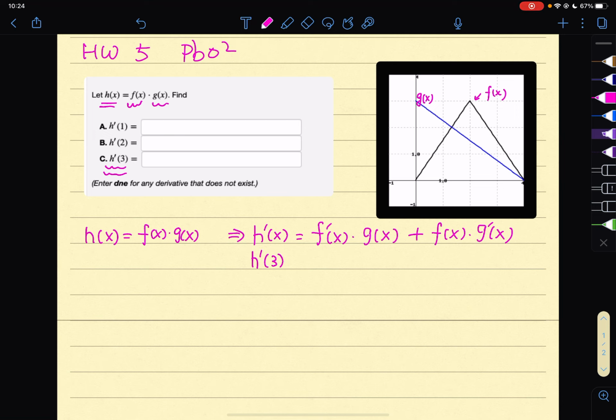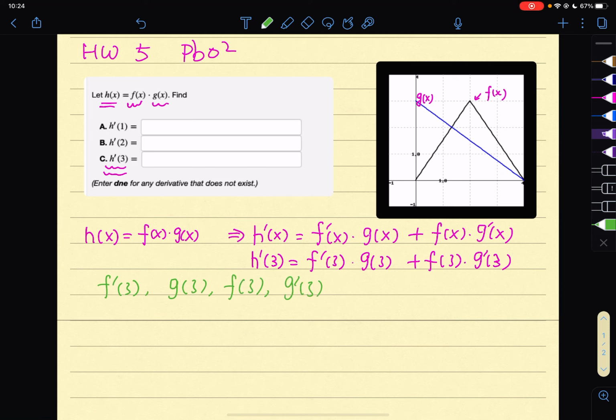So if I plug in 3, then this is exactly what I'm looking for. Technically, what I'm asking you to find is what's f prime of 3, what's g of 3, what's f of 3, and what's g prime of 3.